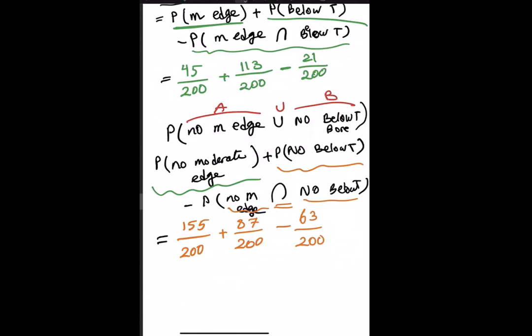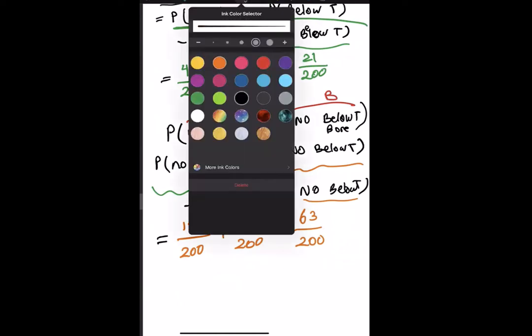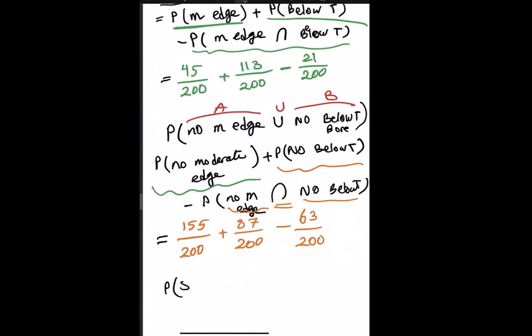D, what is the probability that a part has a smooth edge condition given that it has above target bore depth? Probability of a smooth edge given it has above target bore.